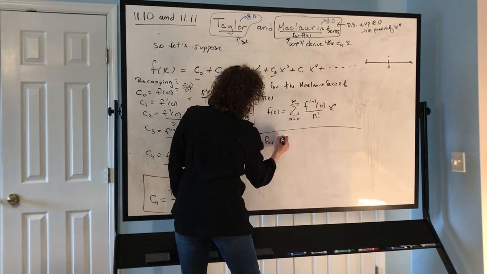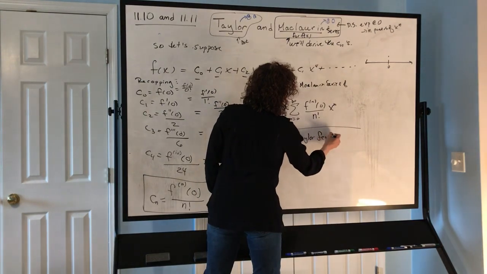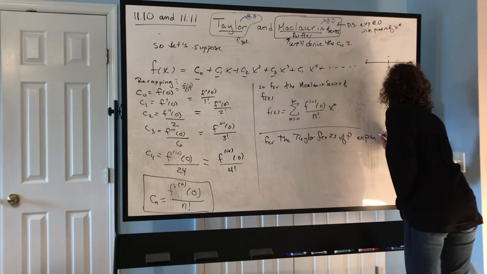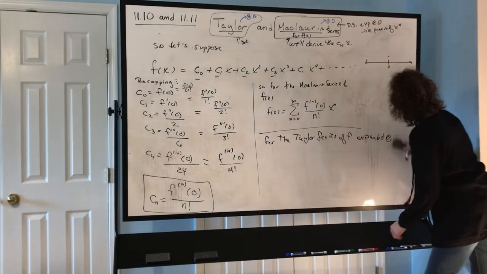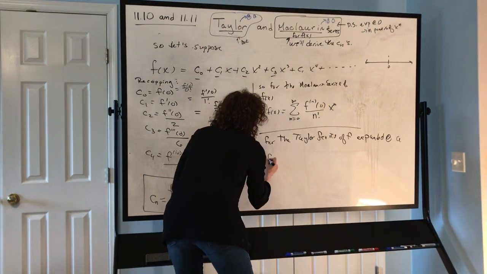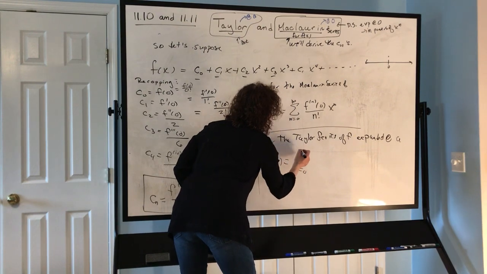For the Taylor series of f expanded about a, what will we use? It'll be the sum, n equals 0 to infinity.